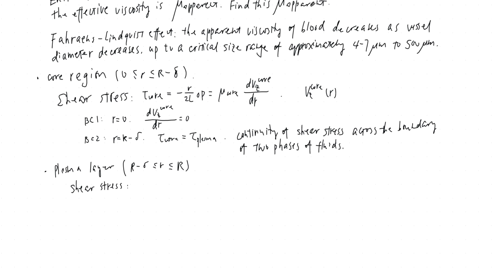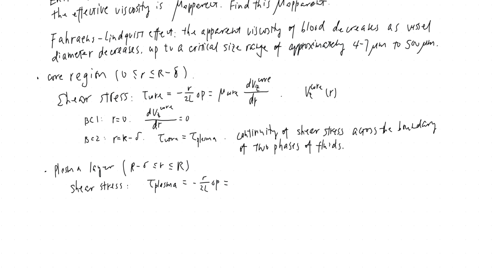Regardless of how the fluid is organized within the vessel, as long as it's a fluid, the force balance equation tells us the shear stress of the plasma is equal to minus r delta P over 2L. This is always true as long as you have a cylindrical pipe. It has nothing to do with the constitutive relation of the fluid. And for the plasma, we still apply Newton's law because we also assume it's a Newtonian fluid.